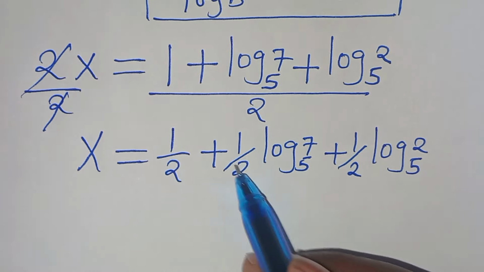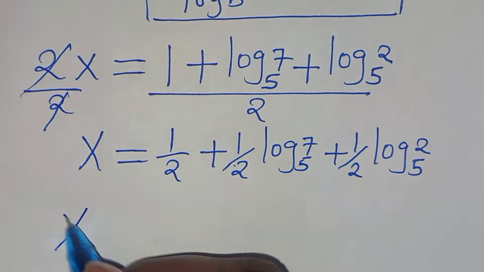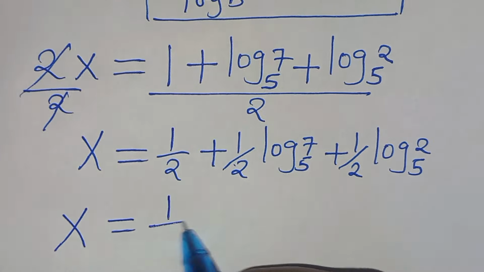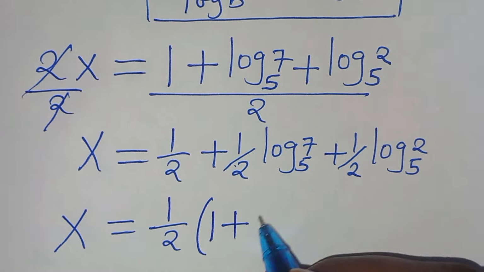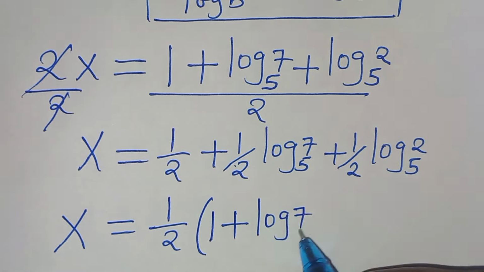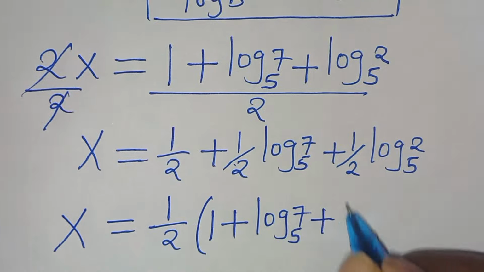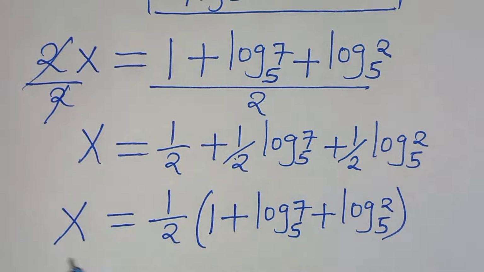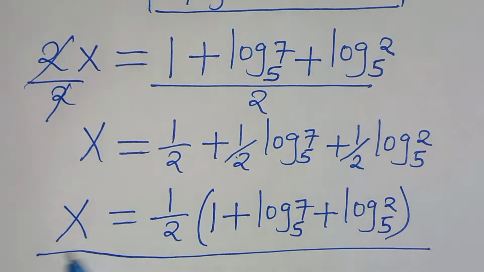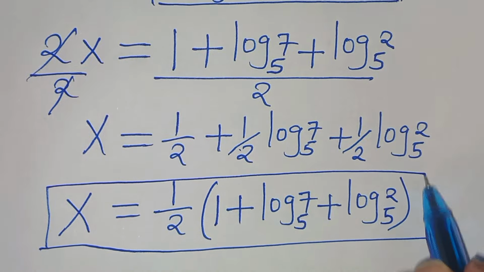But since half is common here, we can factor out half so that we have a half into the parentheses. This is 1 plus log 7 to base 5, then plus log 2 to base 5. So this is the value of x from here.